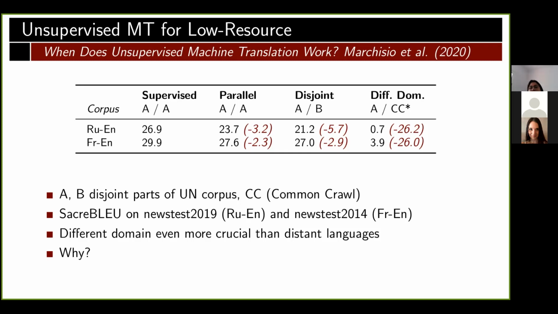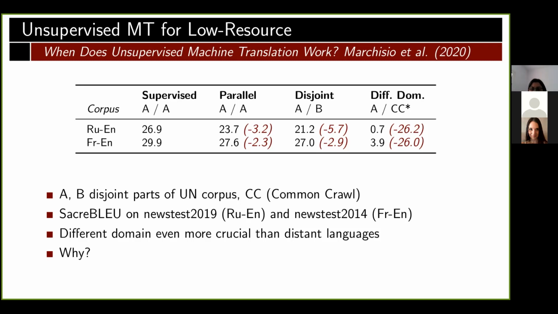And the drop that they observed was larger. Especially for Russian-English, the most distant languages, they experience a drop of almost 6 points. That's double what they get with the parallel data. So we are still sharing the domain here, but the data is not exactly the same and the performance is worse.